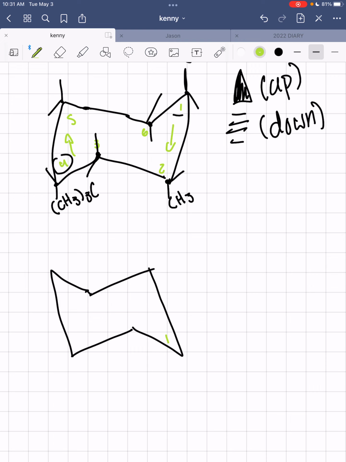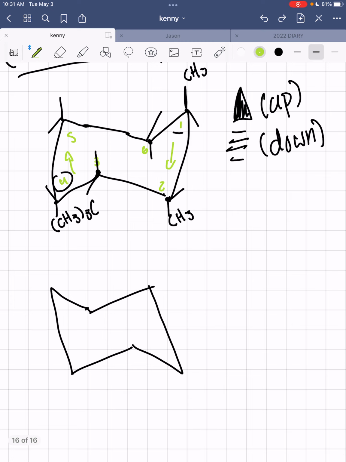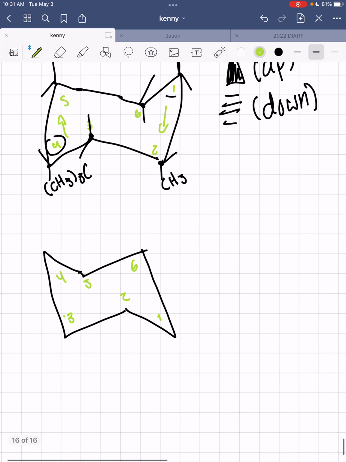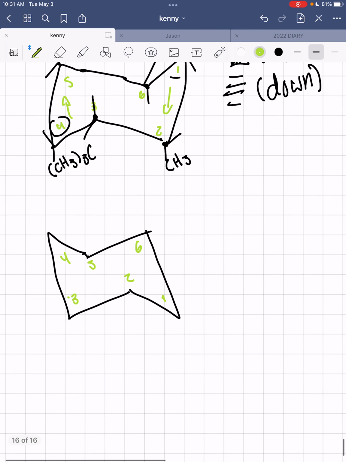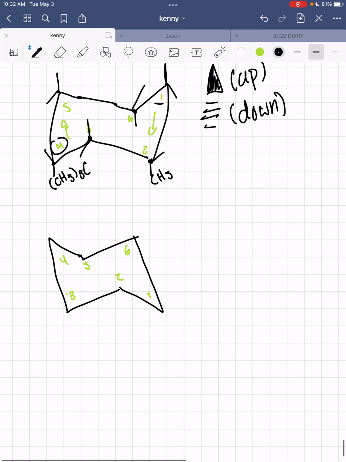Just remember that for this version the 1 goes in the upper right, and in this version the 1 goes in the bottom right, and then you go around again. And then that should work. That's how I remember it. If you remember a different way, then good for you.